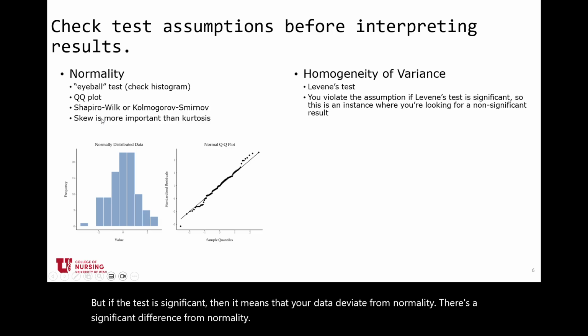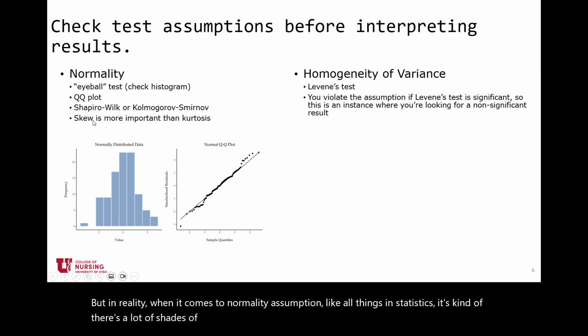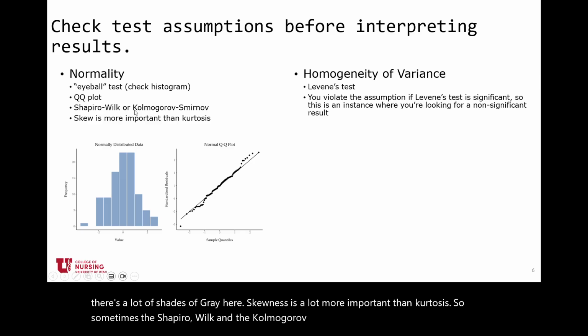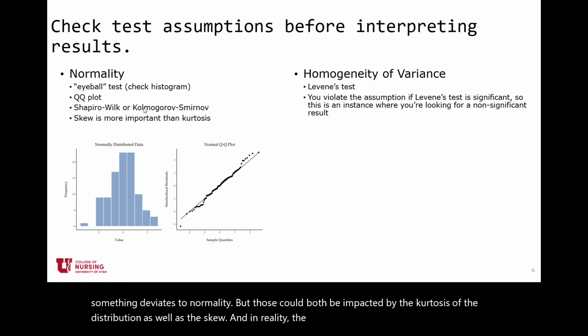But in reality, when it comes to a normality assumption, like all things in statistics, there's a lot of shades of gray here. Skewness is a lot more important than kurtosis. So sometimes the Shapiro-Wilk and the Kolmogorov-Smirnov test will be significant, meaning something deviates from normality, but those can both be impacted by the kurtosis of the distribution as well as the skew, and in reality the kurtosis isn't such a big deal.